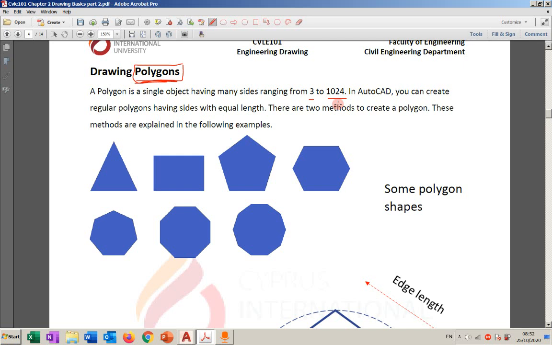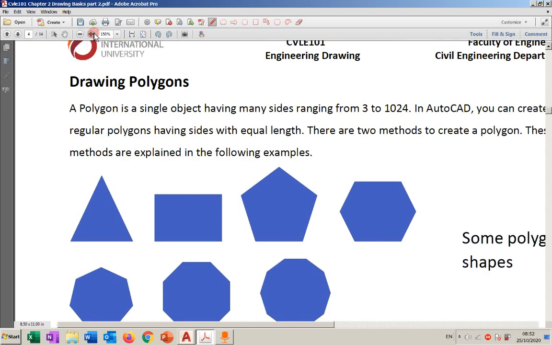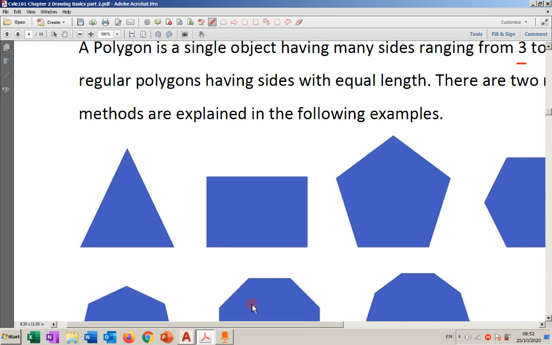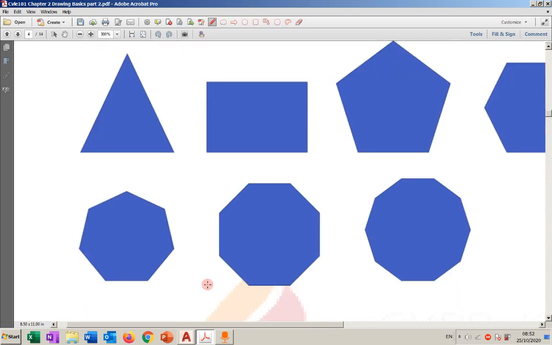Now someone is asking you to draw a polygon. Let's say I'm zooming a bit to talk about one of them. Let's say one of the polygons that will be a bit confusing.